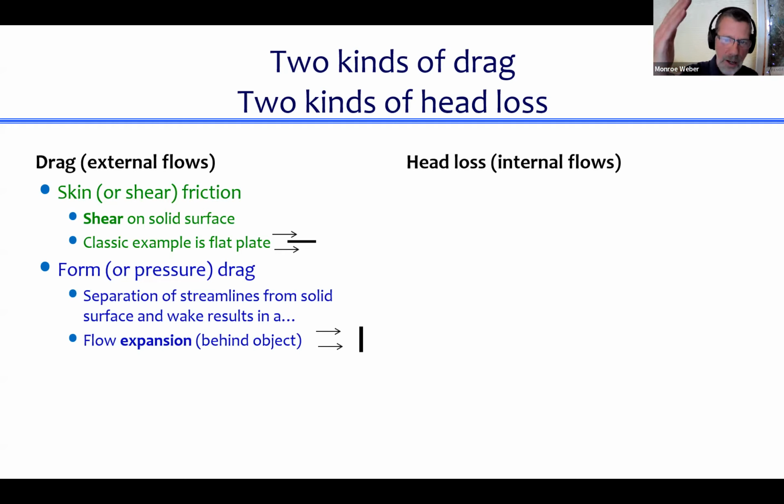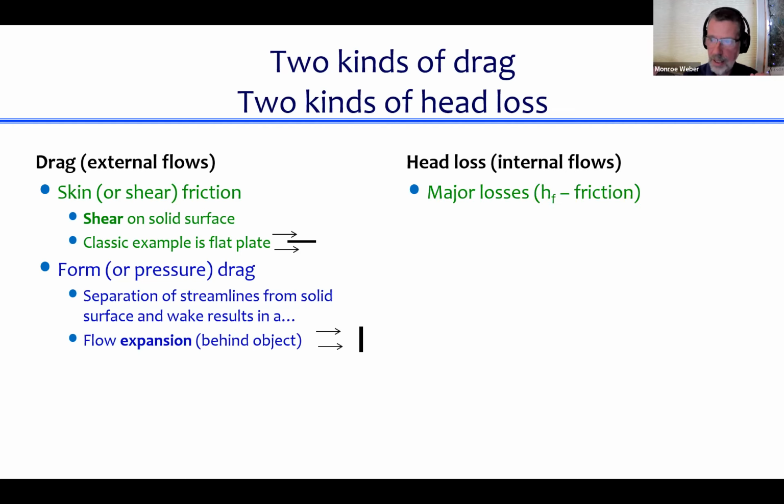So we talked a little bit about drag, about external flows. We didn't talk at all about shear on a solid surface, but indeed that's the skin drag, or the drag that you feel on a flat plate. That's the shear. That's important when you have a streamlined object. And the cool thing is that there's a nice analogy to what's happening inside pipes.